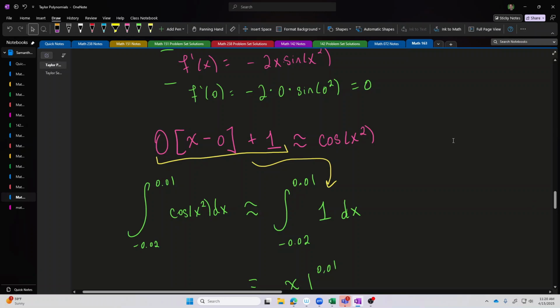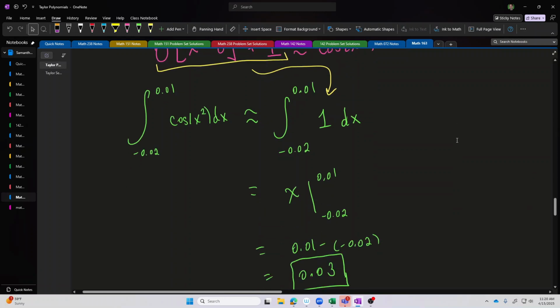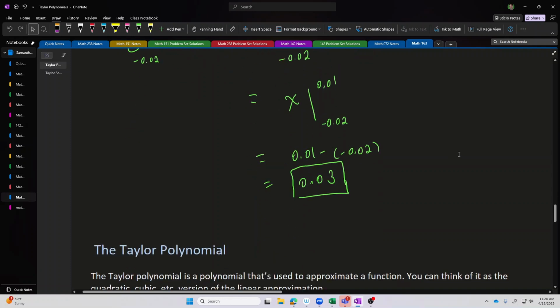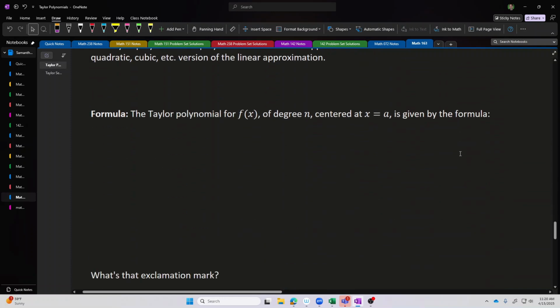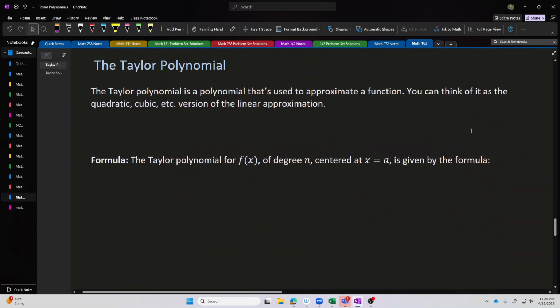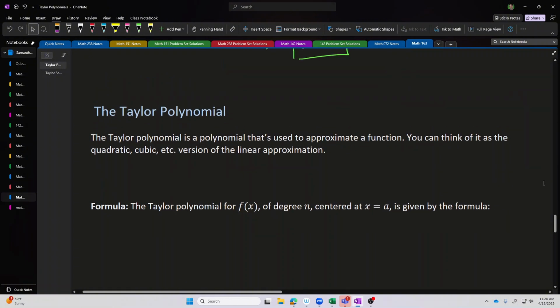So now let's spend a little bit of time extending this idea and bringing in some new ideas for Calculus 3. So we've just done the linear approximation, and we've just done the tangent line to a function. So one might ask, what if instead of approximating the function using a line, what if we approximated the function using a quadratic or a cubic, for example?